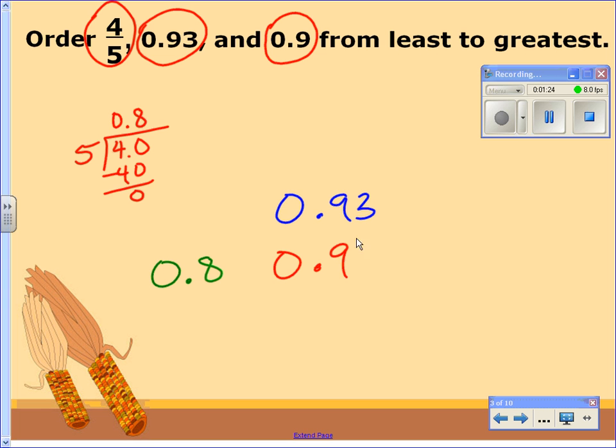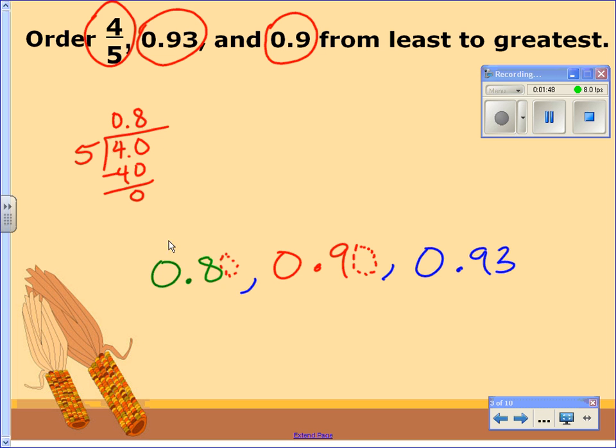And remember, there's basically like an imaginary 0 that you can add onto the end of these numbers. So since 80 is less than 90, 0.8 is less than 0.9, and 93 is bigger than 90, so that's going to go there. So the answer for this question would be 0.8, 0.9, and 0.93.